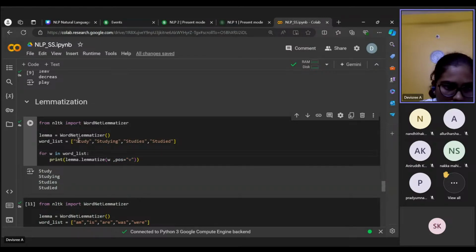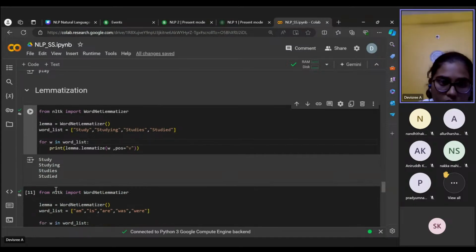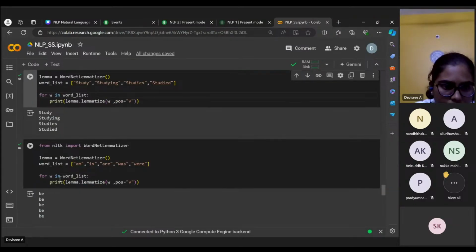So study is as it is: studying, studies, study. The lemmatized form for all these is study itself, because you've given the POS tag as verb. So it considers the different verb forms as unique tokens here again.